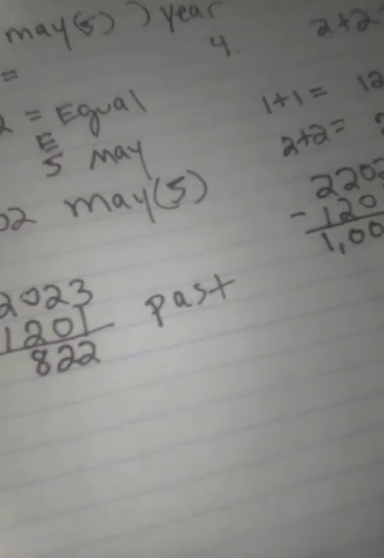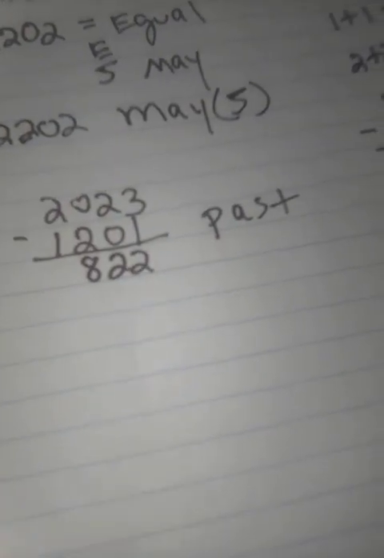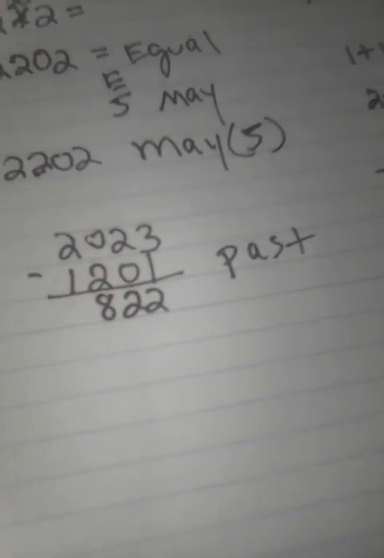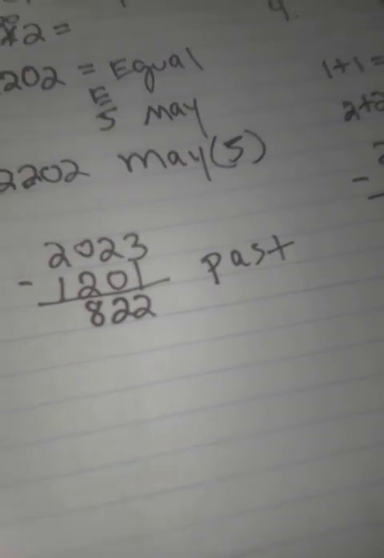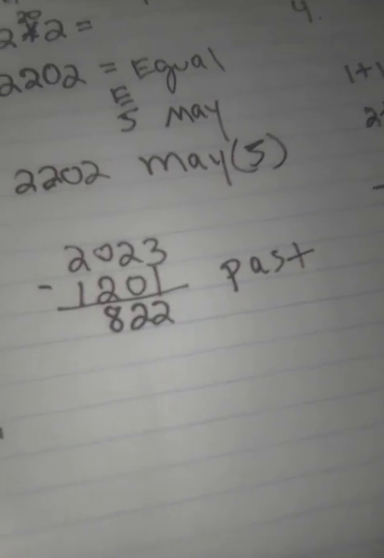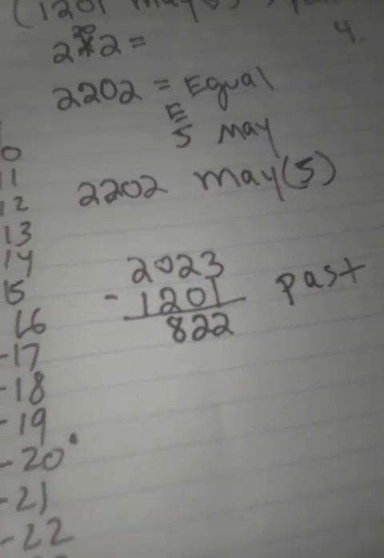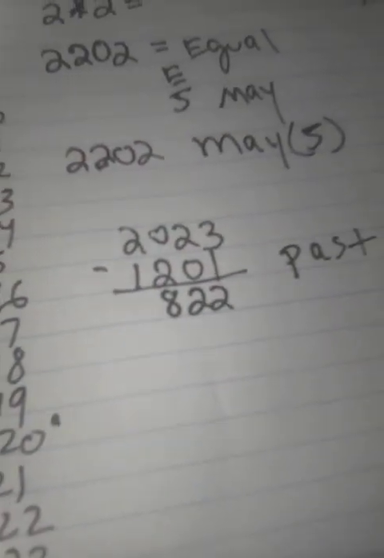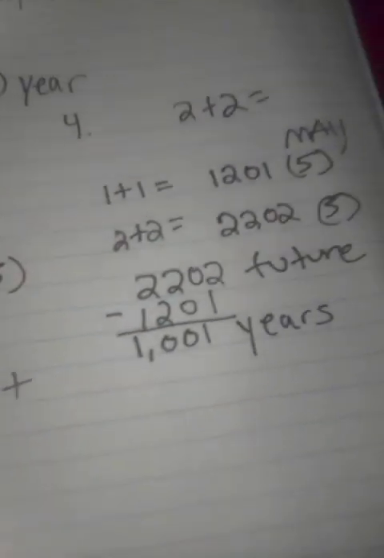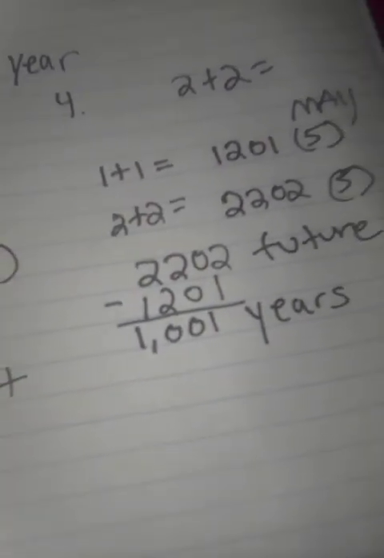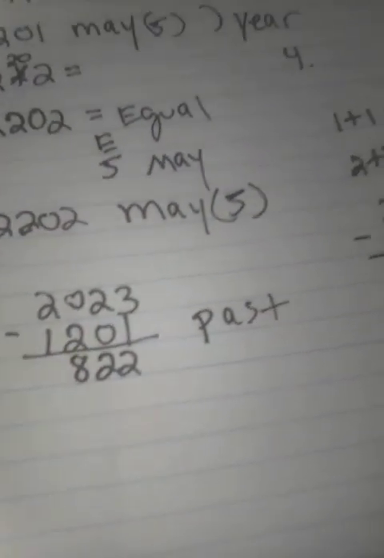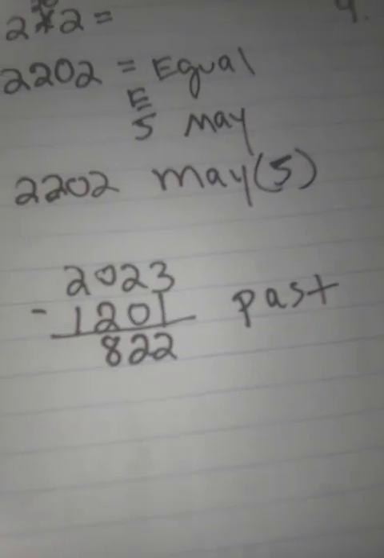Now, I hope this makes sense. So that's 822 years passed. Wow, ain't that something? Now we're going to take our 822 years and subtract it from our 1,001 years mark, because we haven't reached 1,000 years. So we're going to see how many more years we need before we reach 1,000 years. Let me write the equation down.